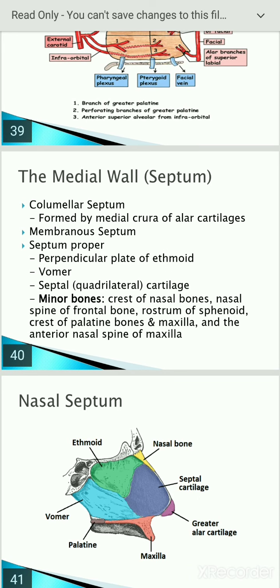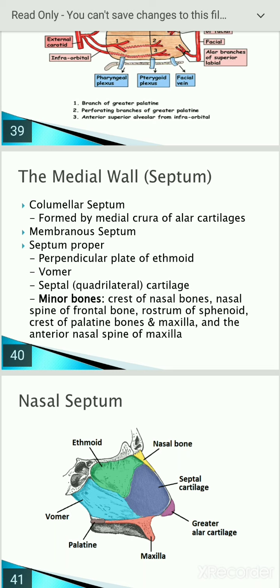So, if we want to know something about the middle wall of the nose, that is the septum, there is the columellar septum. It is formed by medial crura of alar cartilages. One part is the membranous septum and third is the septum proper.